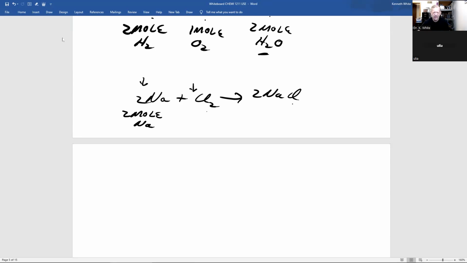When there's no number, it's the number 1. 1 mole of chlorine gas, and they make 2 moles of sodium chloride. Again, the coefficients, the numbers in front of a balanced chemical equation, give you molar relationships. When there's no number, it's the number 1 implied.